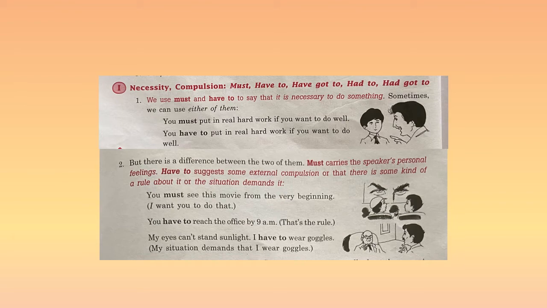This is the speaker's personal feeling. You have to reach the office by 9 a.m. That's the rule. So have to shows that there is a rule and you have to perform that, and must is somebody's inner feelings which you can do.